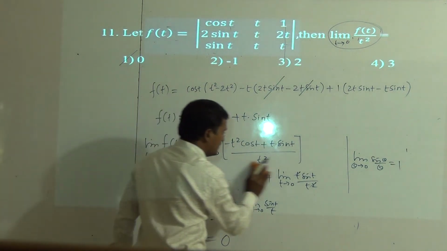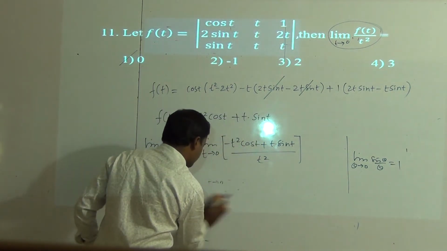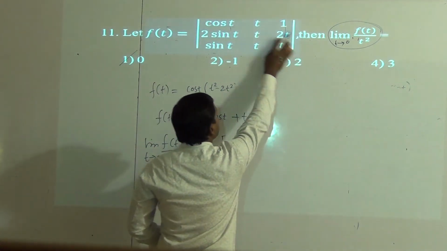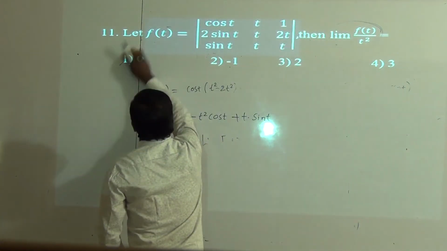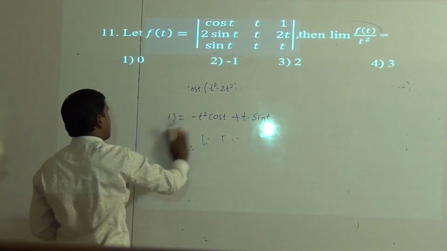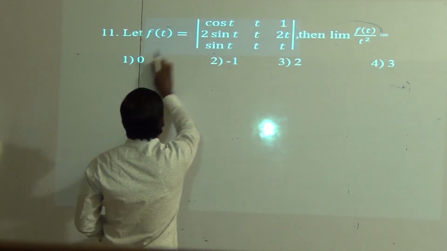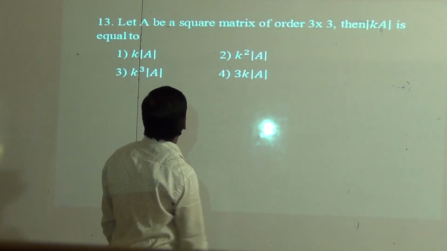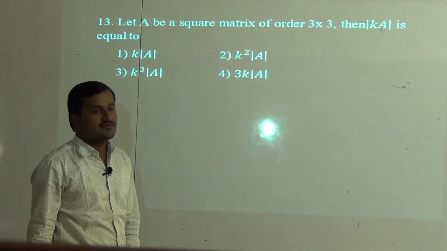Okay, we'll go for the next question. Okay, the next question is this. Let A be a square matrix of order 3 cross 3.